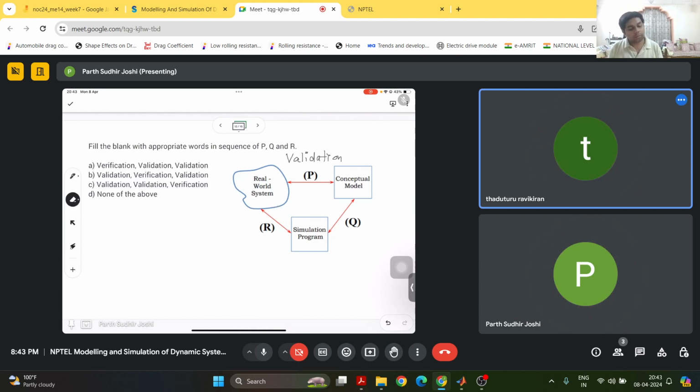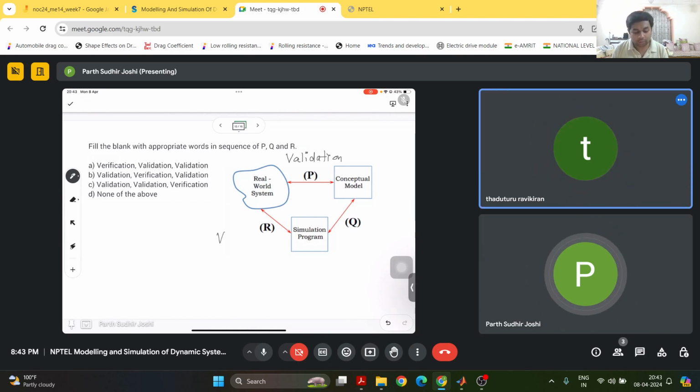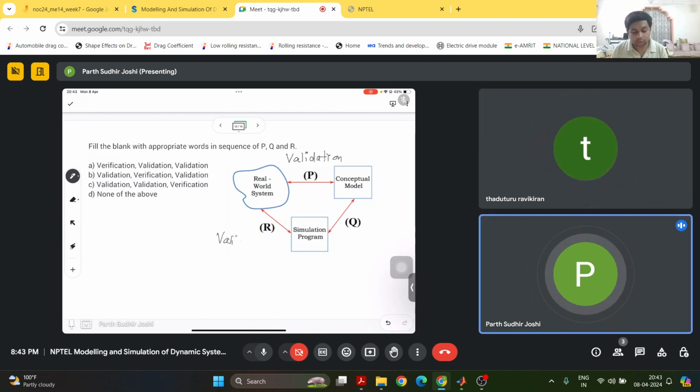And similarly, when we compare the simulation program with respect to the real world system, that is also validation. Exactly, whenever we are comparing with respect to the real world system, that is validation. But when we are comparing a conceptual model and a simulation program, we call it verification.